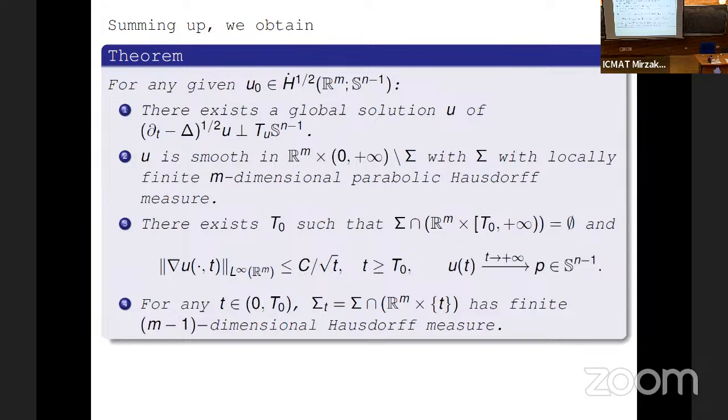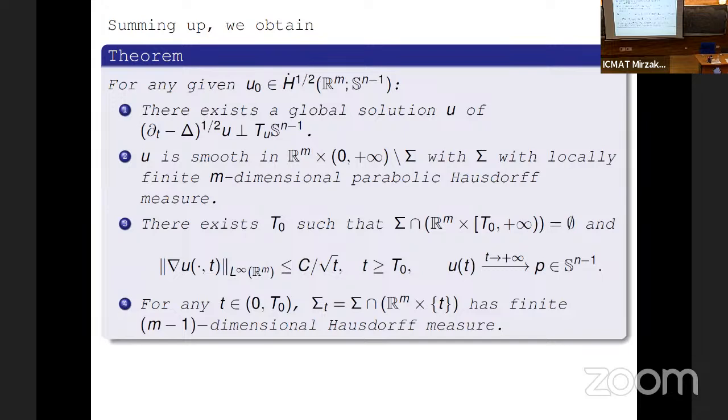And you have a decay on the gradient, which means that when t goes to plus infinity, your u_t converges to a point on the sphere. You can also control the dimension of the slices of the singular set. For any t less than T naught, sigma_t has finite m-1 Hausdorff dimension. So this is the theorem.